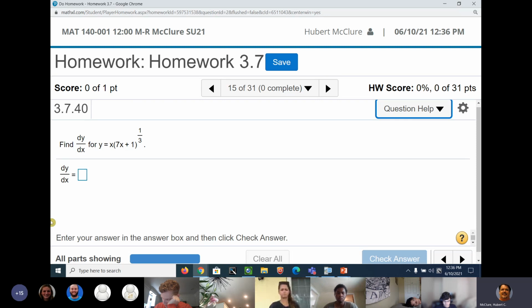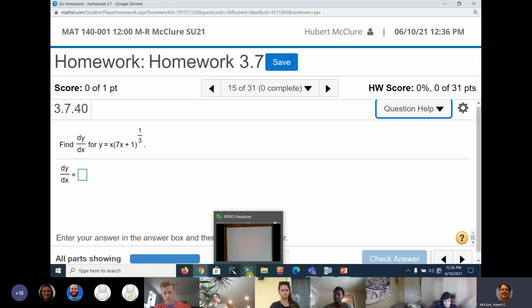F prime of x is equal to the first times the derivative of the second plus the second times the derivative of the first. Hold on a second, I'm writing it down. I'm giving y'all a chance to write everything down.